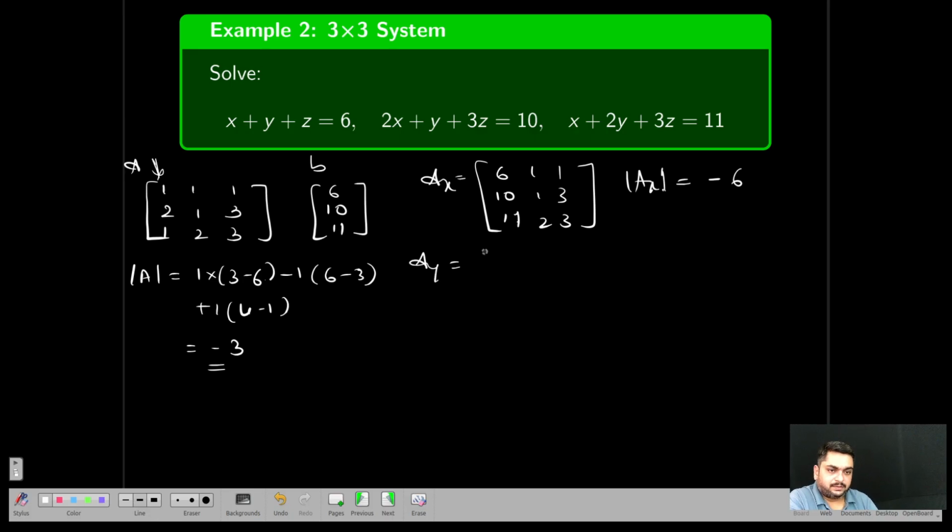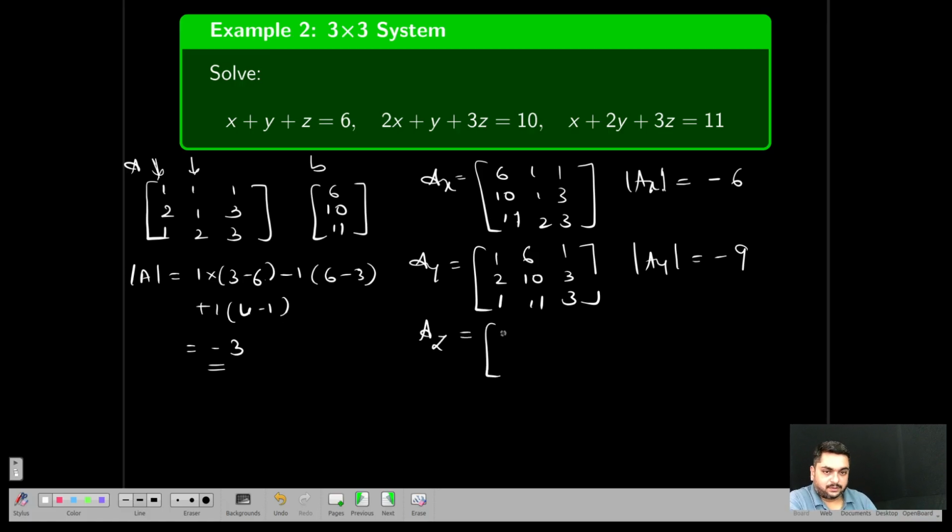Similarly, for Ay, replace column Y with B. So 1, 2, 1, 6, 10, 11, and then 1, 3, 3. So determinant of Ay we get as, I think, minus 9. Then for Az, replace the third column: 1, 2, 1, 1, 1, 2, 6, 10, 11. Find the determinant of this Az, we get it as minus 3.